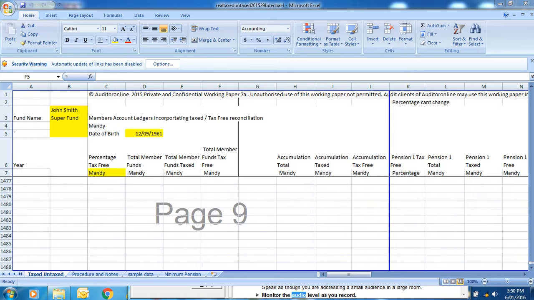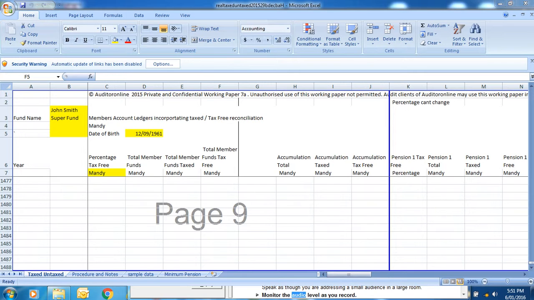What if you get excess concessional contributions? Taxed or tax-free? What about spouse contributions? Taxed or tax-free? What about the proportion of a pension income that relates to the crystallized proportions in the fund, in the pension fund?